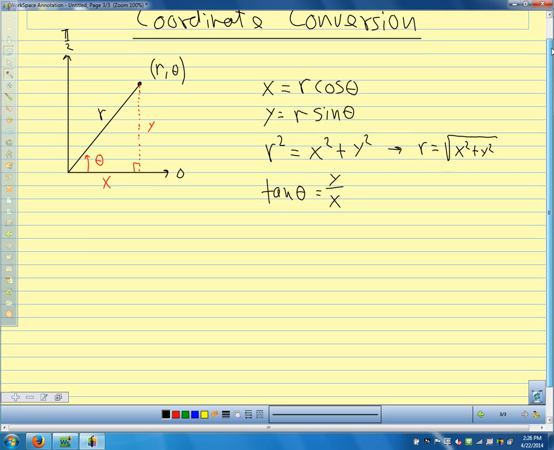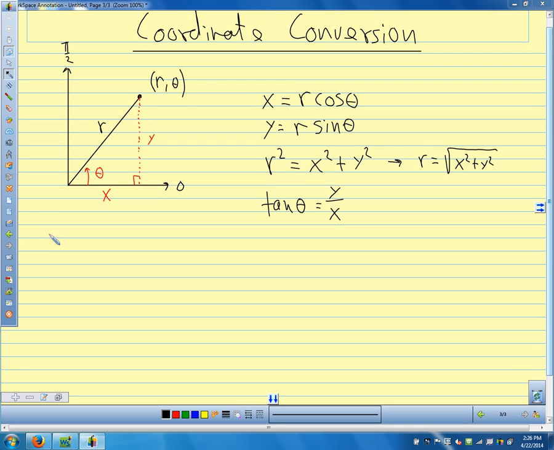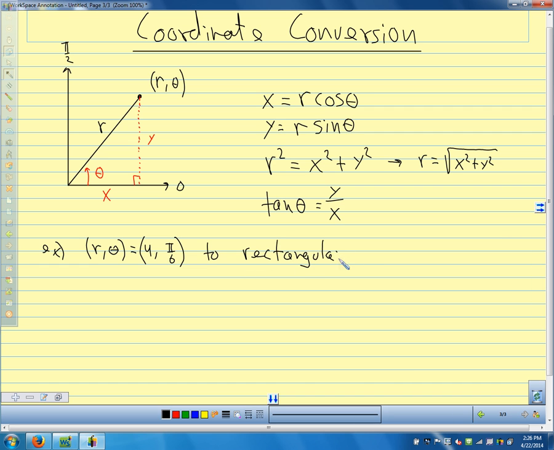So let's do a little practice with converting coordinates. So we have a point in polar coordinates, r theta equals 4, pi over 6. And we want to go to rectangular. When we go to rectangular, all we're doing is using these conversions.